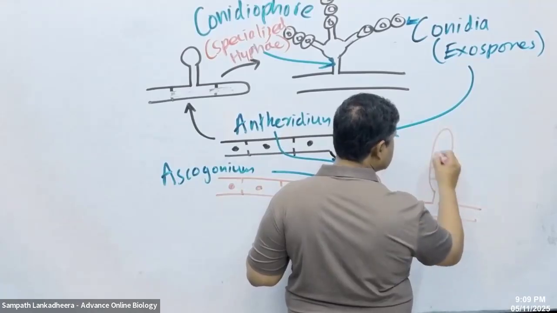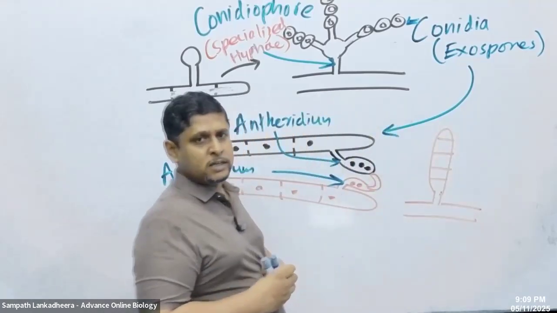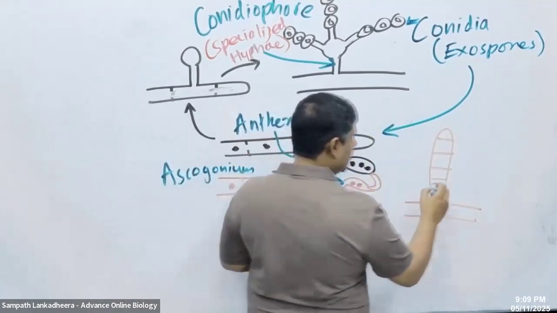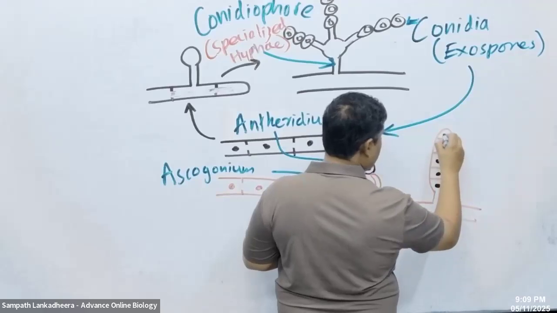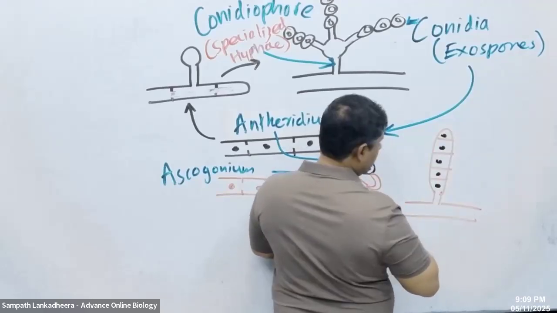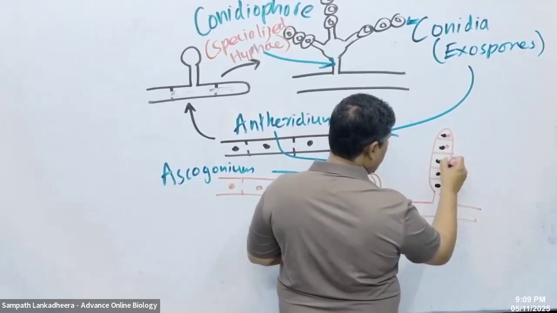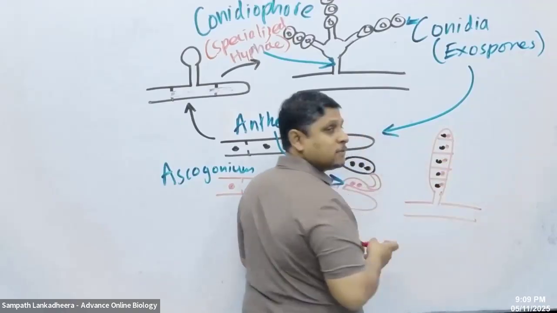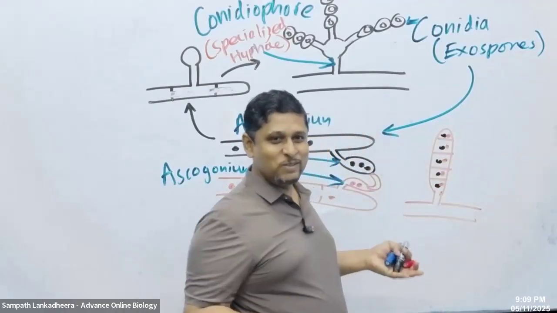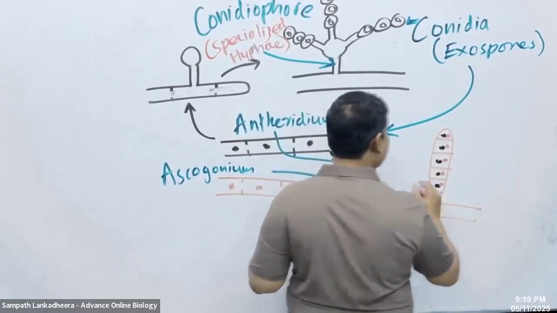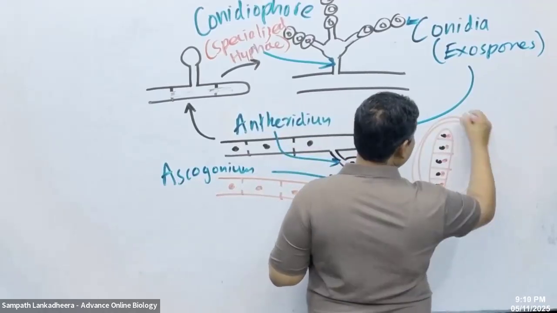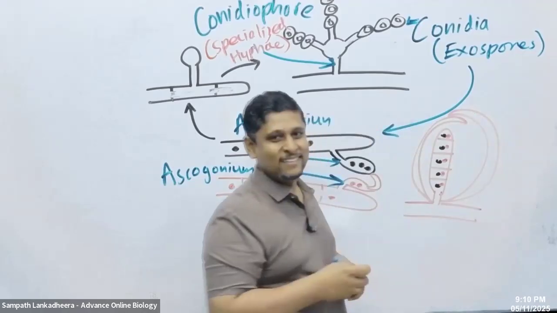The ascogonium stretches out like this, and inside it you can see those paired nuclei present. And then the ascogonium is surrounded by other fungal filaments. It's like the ascogonium is now pregnant, right? Protected by the others.